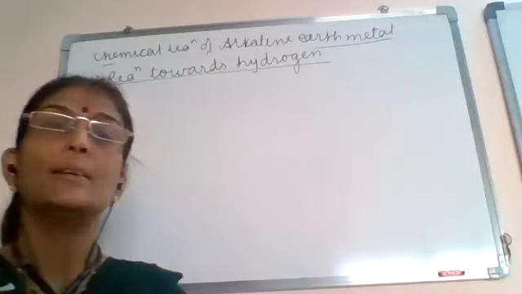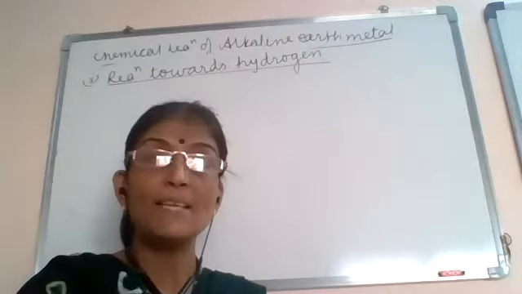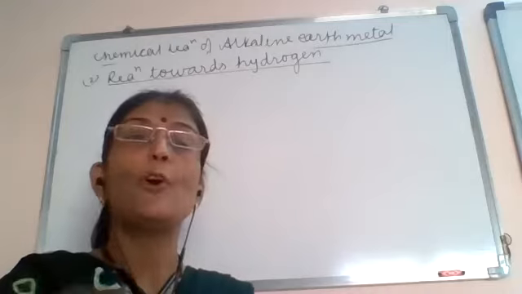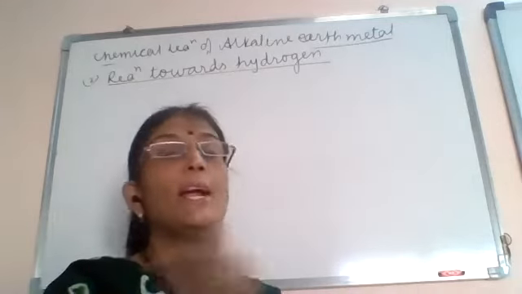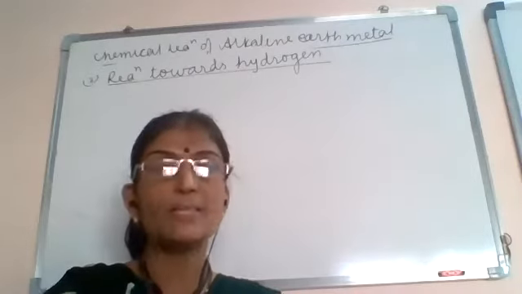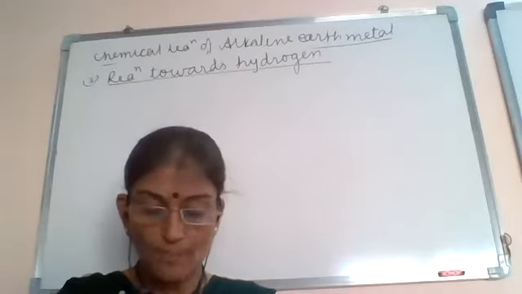All the elements except beryllium combine with hydrogen to form hydride. तो ये MCQ बनता है. Which of the following elements do not combine with hydrogen? So beryllium won't combine. Rest all elements combine with hydrogen to form hydride.